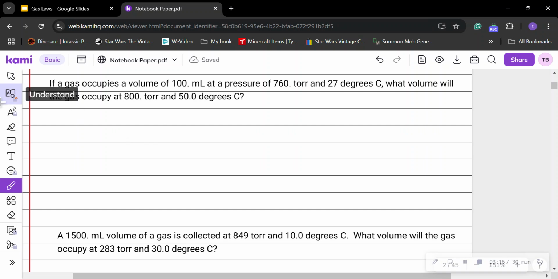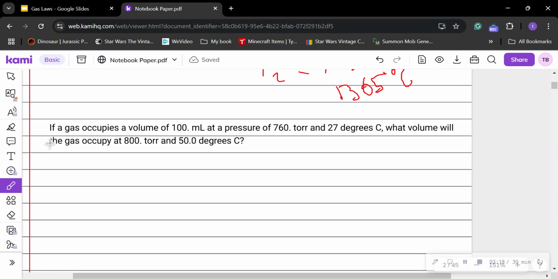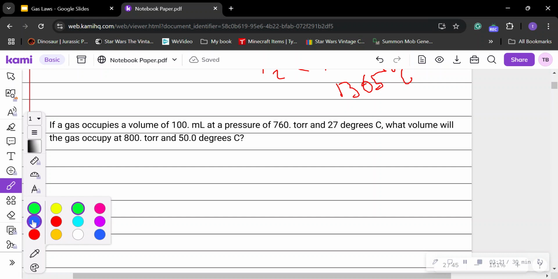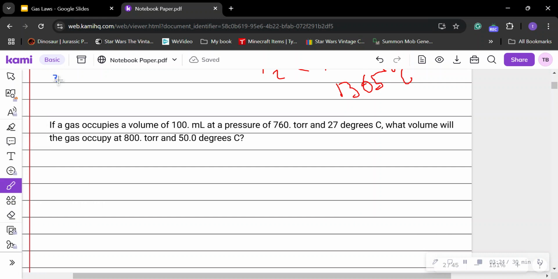So we know that our formula is P1 times V1 over T1 equals P2 times V2 over T2. My handwriting on this gets progressively worse. Good enough. So here we have our first side completely given to us so far.